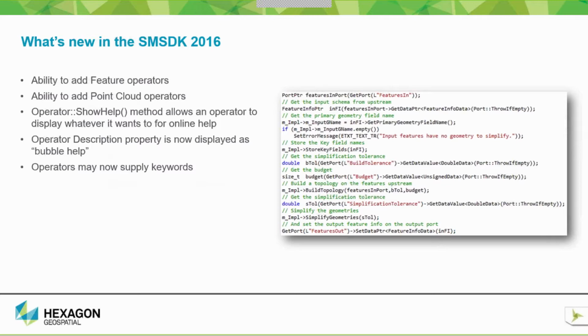We now also have bubble help that you get when you just hover over something. Another thing we've done is allow keywords as well as categories for sorting and finding operators. That's another highlight of the SMSDK capabilities in 2016.